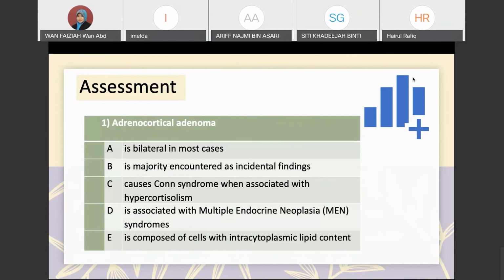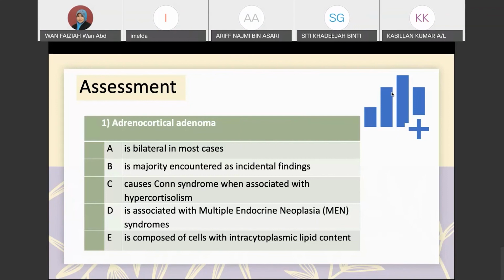Is the majority encountered as incidental findings? True. Wow, who is that? Doctor Kabilan, because most of them are clinically silent, so mostly they will be found as incidental findings.